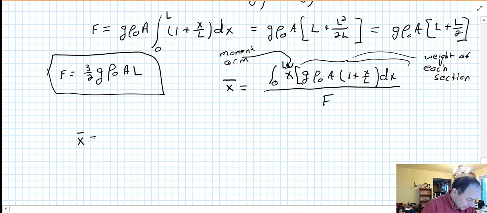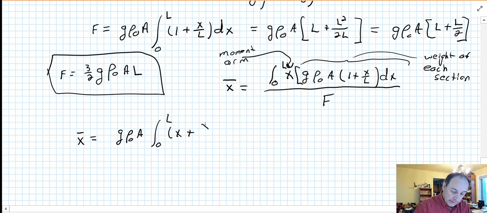Okay, let's do this. So that's g rho 0 A, integral from 0 to L of x plus x squared over L dx. Multiplying through by that x and taking my constants out.